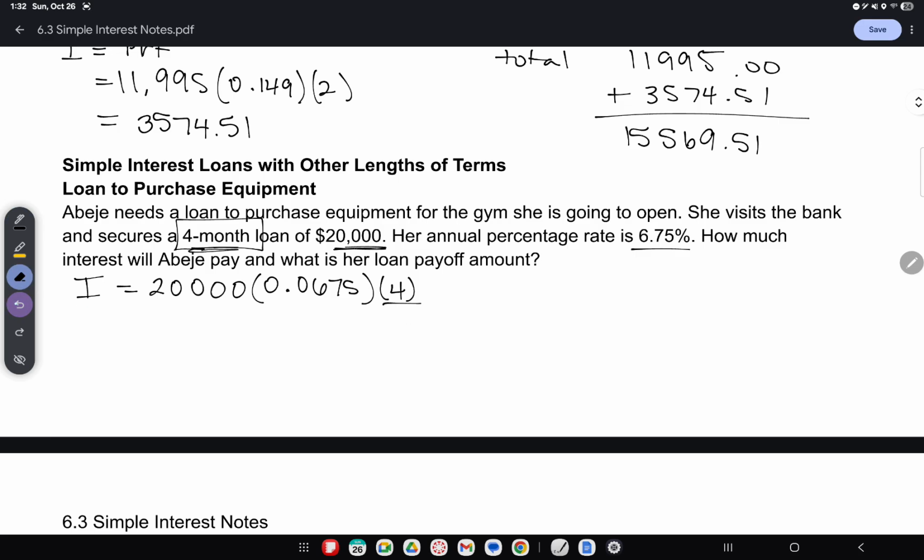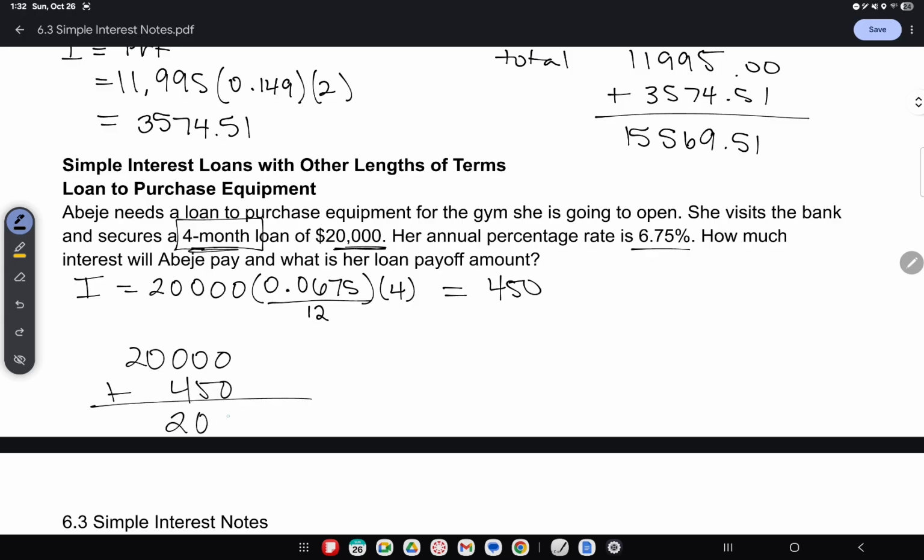Either way, it's going to work out to be the same. So this interest, if I multiply all of these, is going to give me $450. So the total is that $20,000 plus the $450 in interest, so a total of $20,450.